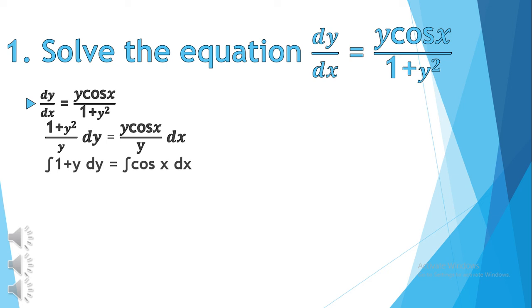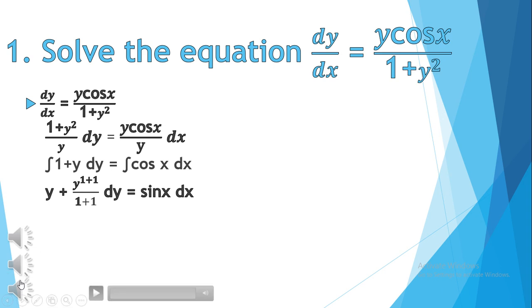integration method. Since the y can be cancelled in 1 plus y squared over y dy, our dy is 1 plus y dy equals integral of 1 plus y dy equals integral of cos x dx. Add 1 to the exponent and copy to the denominator, and cos x converts into sin x.